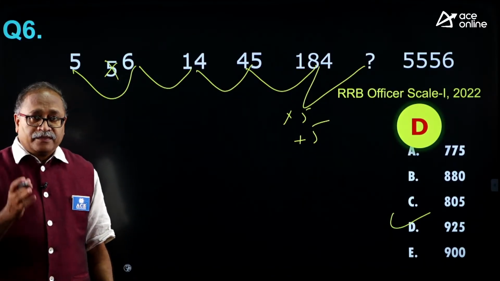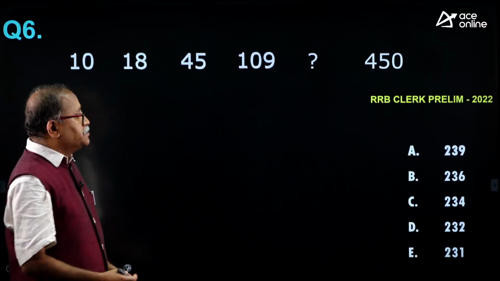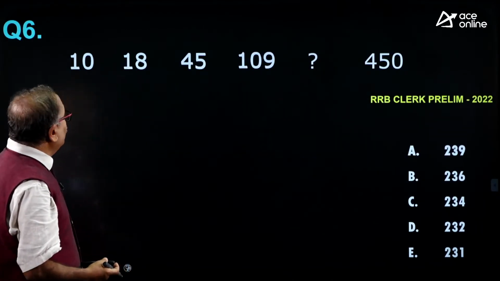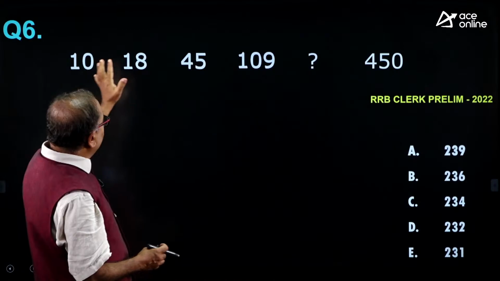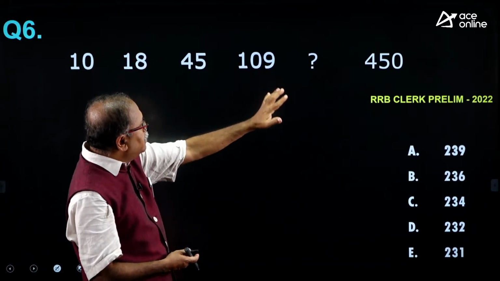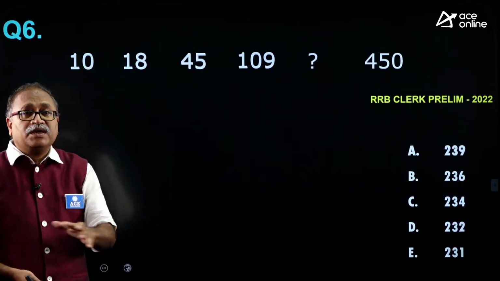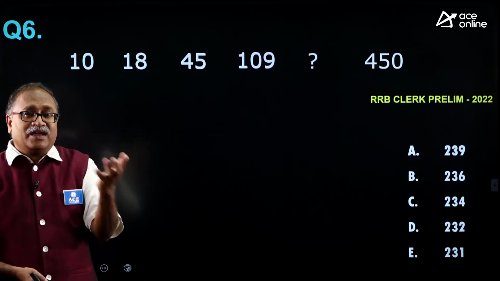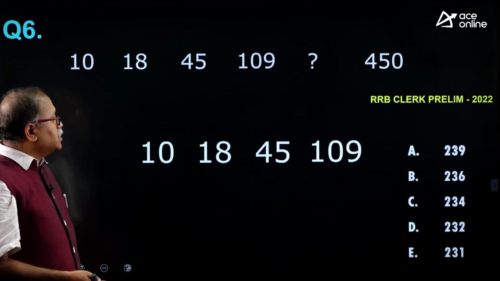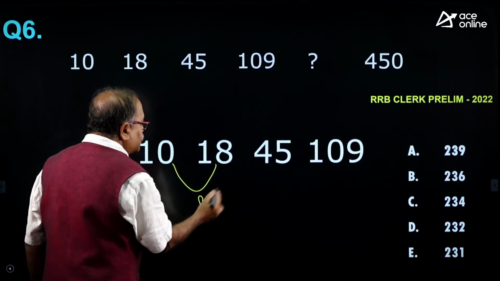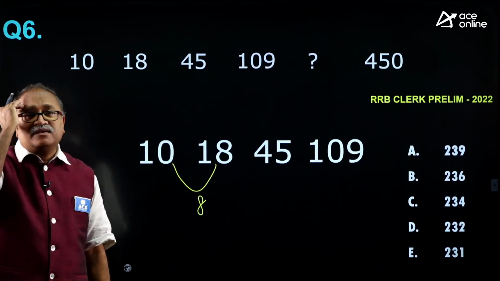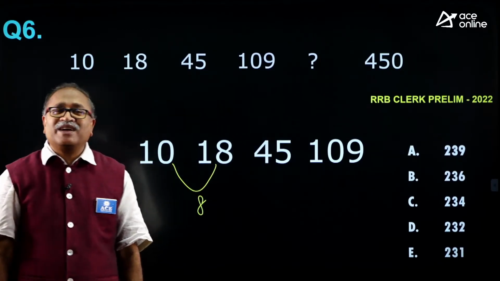Well done. The next question on your board is this. What is this question all about? It is 10, 18, 45, 109, 450. It looks like an addition. So, I will take a closer look at the numbers. Please tell me, when you see the difference is 8, does something strike your mind? 2 cubed strikes your mind?